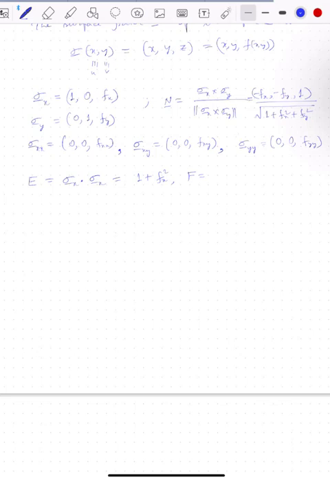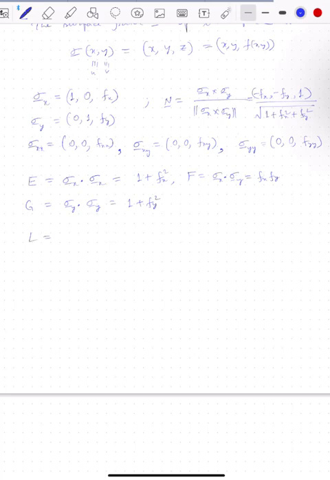Okay, so for F, it is sigma x vector dot sigma y. And so this gives us fx fy. And finally, we have G is equal to sigma y dot sigma y. And this comes out to be 1 plus fy squared, right?